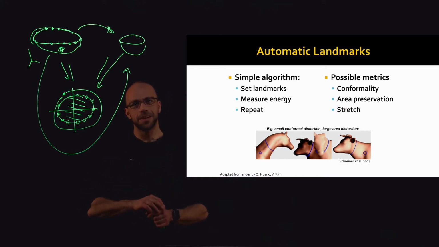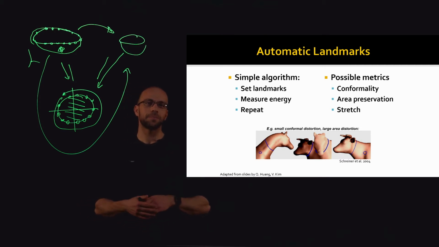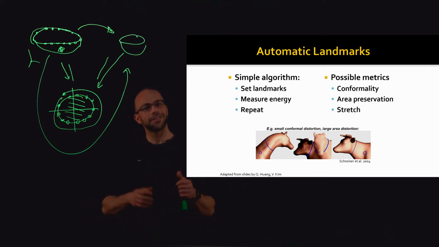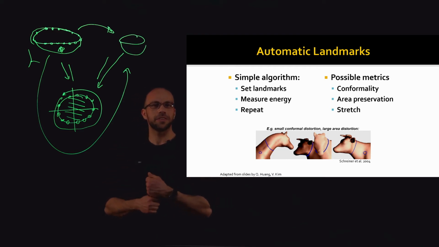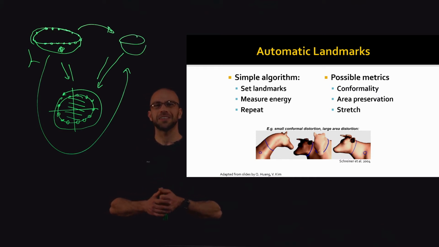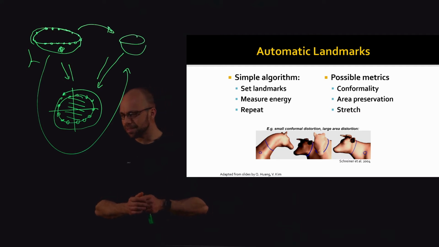So for example, I've given you a pointer in the slides to one simple algorithm that looks for a consistent set of landmarks from one surface into another, looking for interesting points or ones that minimize some notion of conformality, area preservation, stretch, whatever, and tries to map them to one another. I don't think that this algorithm is used much more in practice, but it is historically an interesting one.